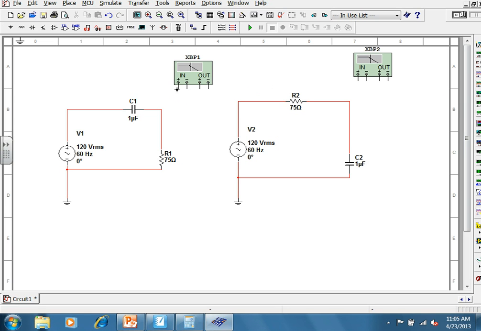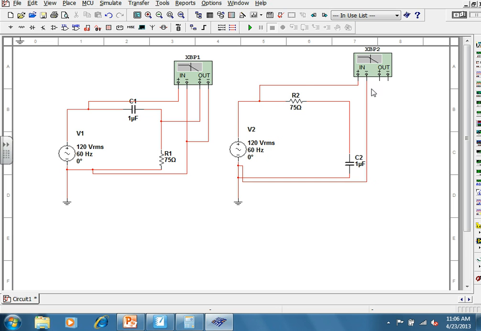All right, so we'll go the input there to there, the output there to there, input. Do I have enough wires yet?